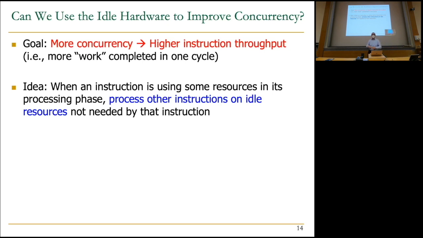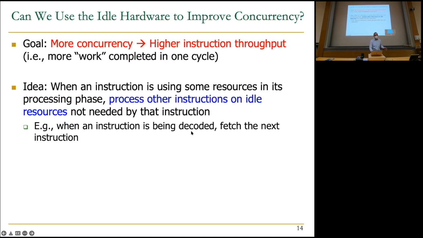When an instruction is using some resources in one of its processing phases, process some other instructions on the idle resources. So you have instruction X at program counter X in the execute stage, for example, process instruction X plus 1, the next sequential instruction, in the decode stage. Right? That's the idea basically. So let's go through this.